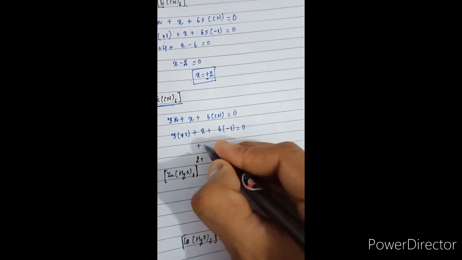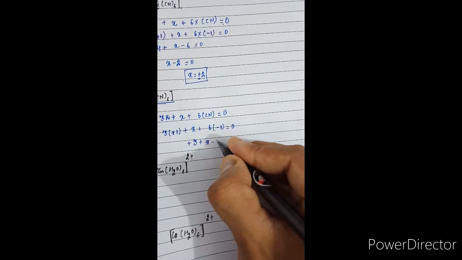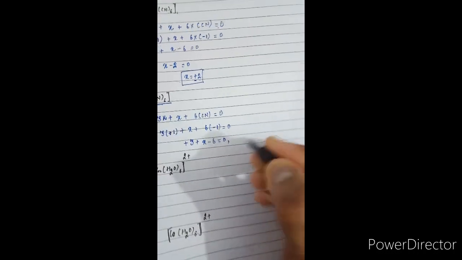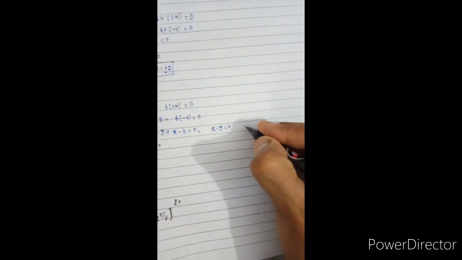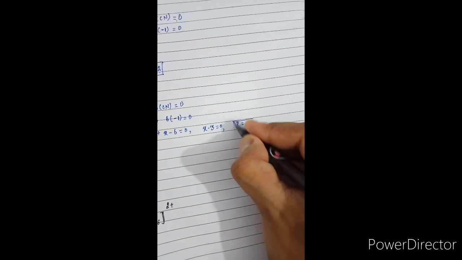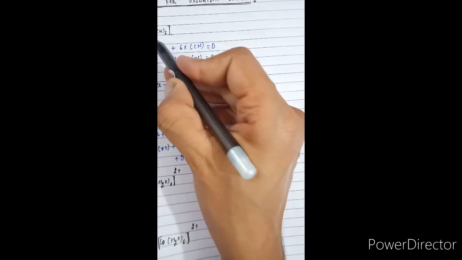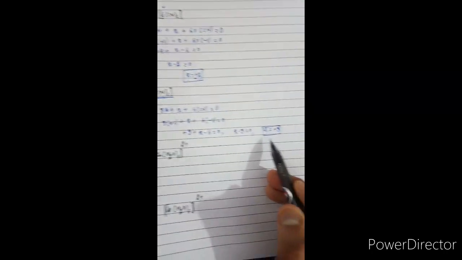Now simple calculation: +3 plus X, 6 into -1, that is -6, equals 0. Then X minus 3 equals 0, or X equals +3. So in potassium ferrocyanide the oxidation state of iron is +2, and in potassium ferricyanide the oxidation state is +3.